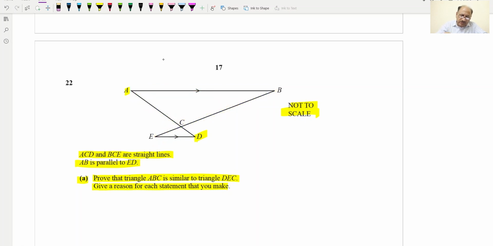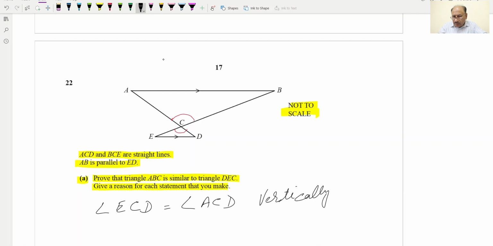So I will erase this shading, and now we can understand this. These two angles, basically this angle and this angle, they are vertically opposite angles. So we can write angle ECD is equal to angle ACD, and the reason is vertically opposite angles.